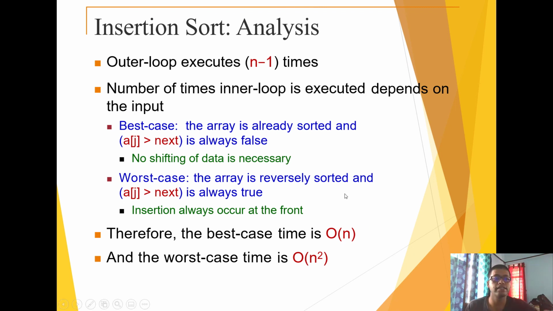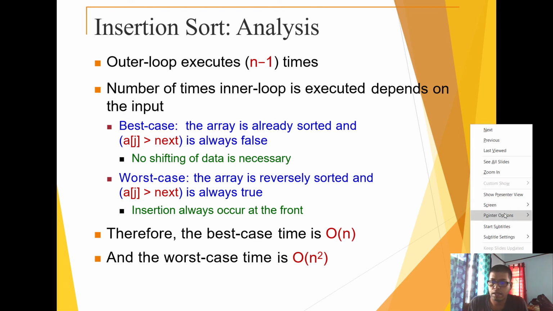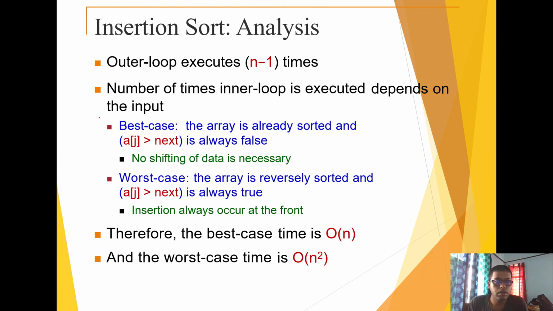Insertion sort analysis. The outer loop executes n minus 1 times. The number of times the inner loop is executed depends on the input. The best case is when the array is already sorted, so a[j] greater than next is always false and no shifting of data is necessary.